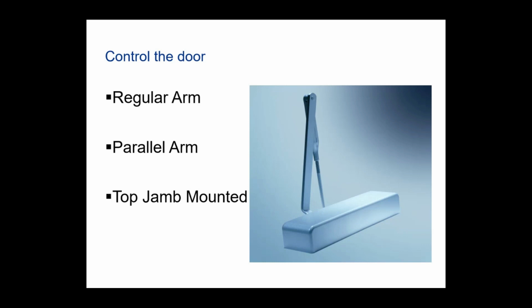This will allow you that ability to install the closer at the push side, and it'll operate just the same. You might want to make sure that you have proper reinforcements and things like that, but it is possible.